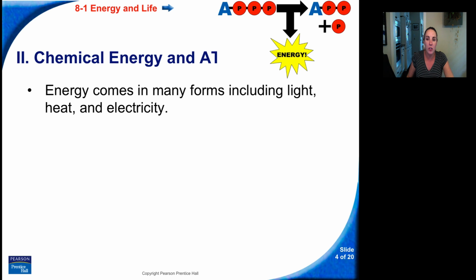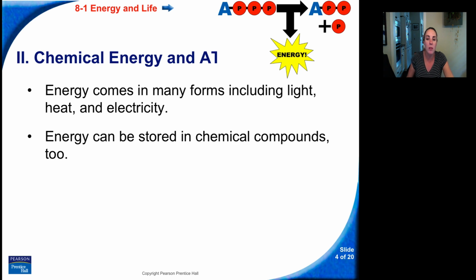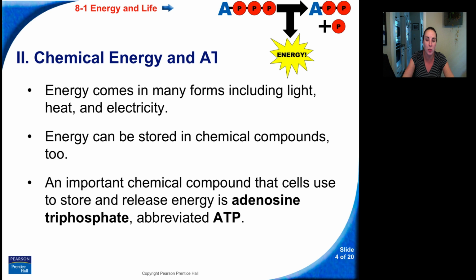So chemical energy and ATP. Energy comes in many forms, including light, heat, and electricity. Energy can be stored in chemical compounds as well, such as glucose, a simple sugar, in the food that we eat. An important chemical compound that cells use to store and release energy is called adenosine triphosphate, abbreviated as ATP.